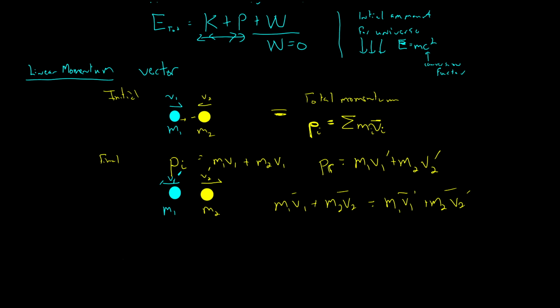And so we can say that the net sum of the forces is equal to the change in momentum over time. And this is Newton's second law, expressed in terms of momentum.